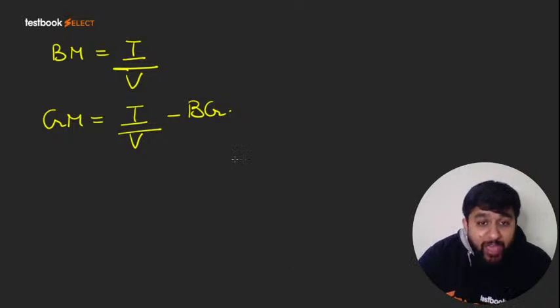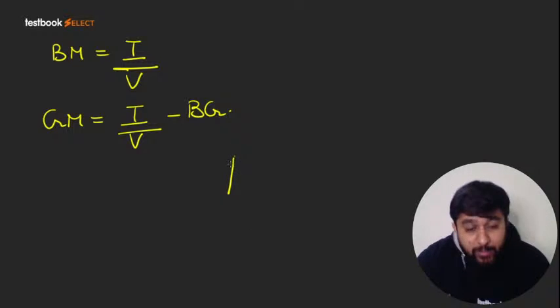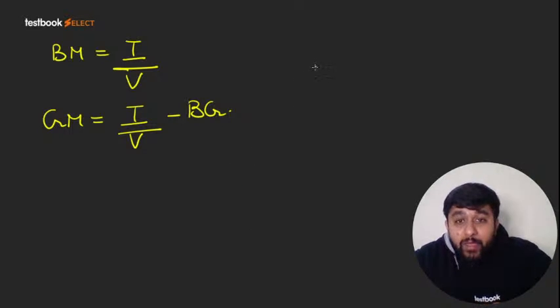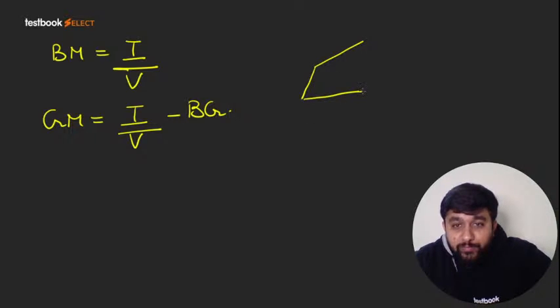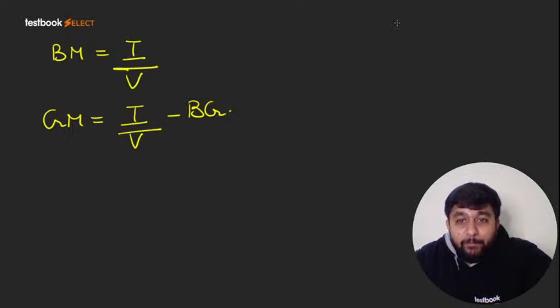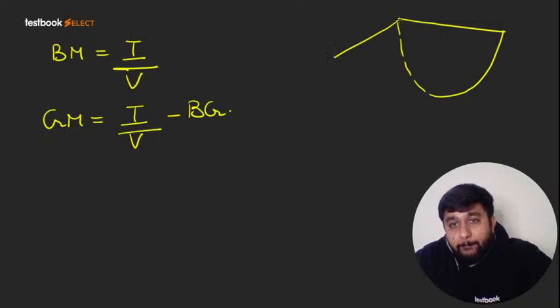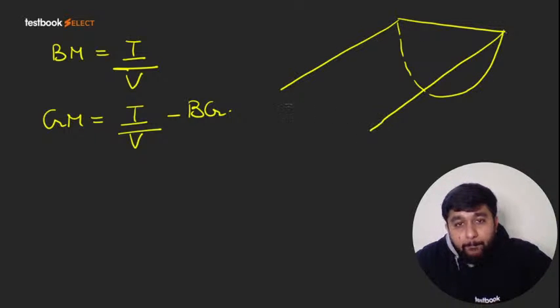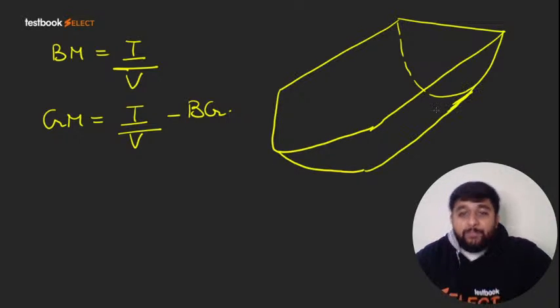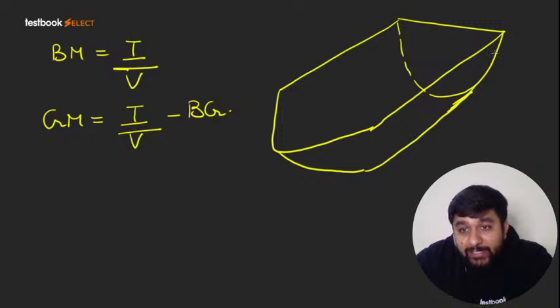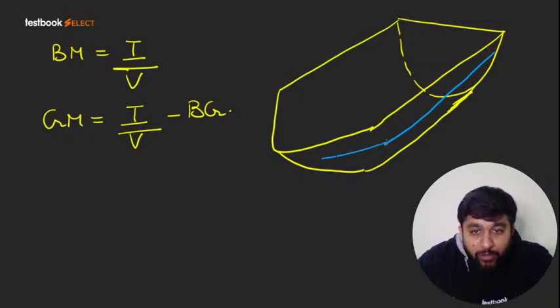Okay? So suppose there is a ship. Maybe the ship looks like this. Let me draw a bigger one. And this is the level of water.